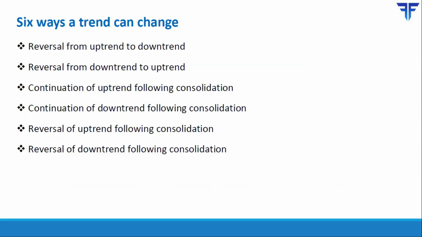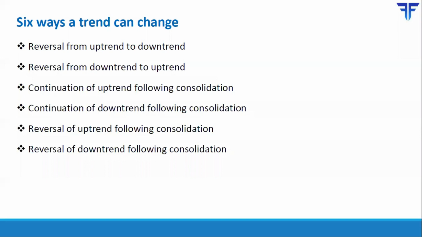Now, as you know, trends do not continue forever. So if an uptrend is in existence, at some point or the other, it will reverse. It will not keep going up for infinity. It will reverse after some point in time. Same is the case with a downtrend. After some point in time, the downtrend will end as the sellers will eventually get exhausted, and the buyers, sensing that the price of the security is quite attractive, will start buying.